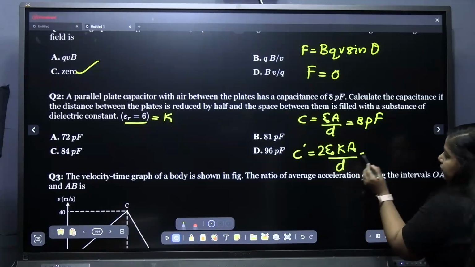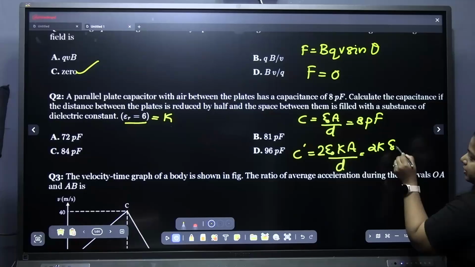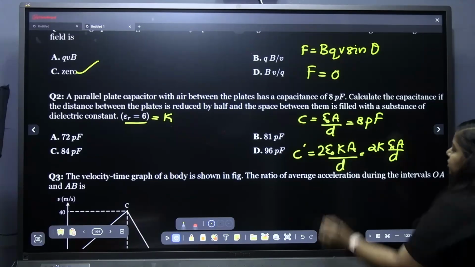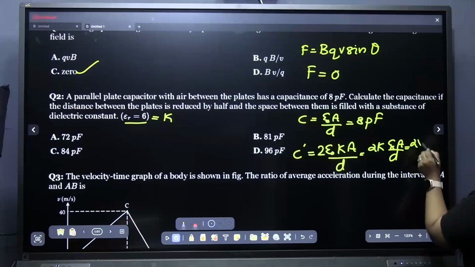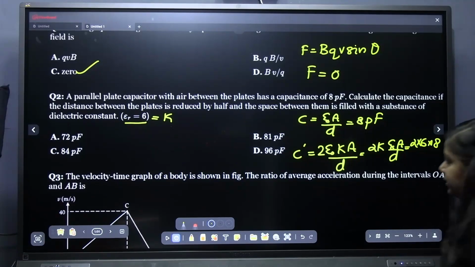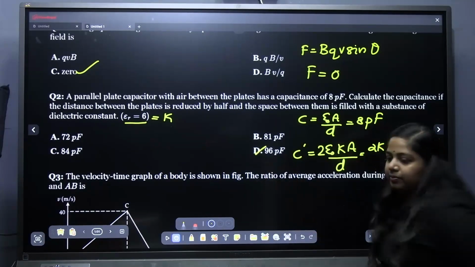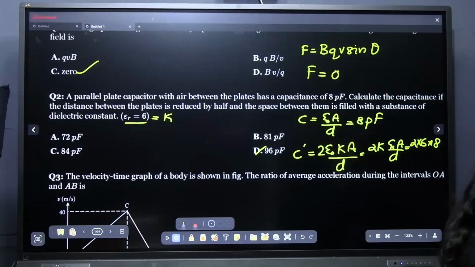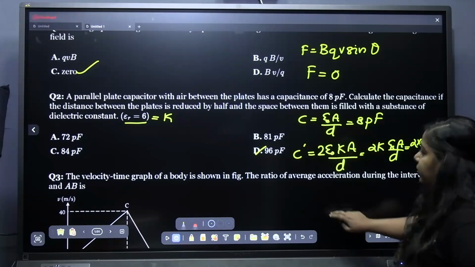So it will be 2K epsilon naught A by D. Epsilon naught A by D is 8, so this will be equal to 2, K is given as 6, into 8. So the answer is 96. Yes, 96. Okay, I hope everybody understood that. Now we will see the next question.